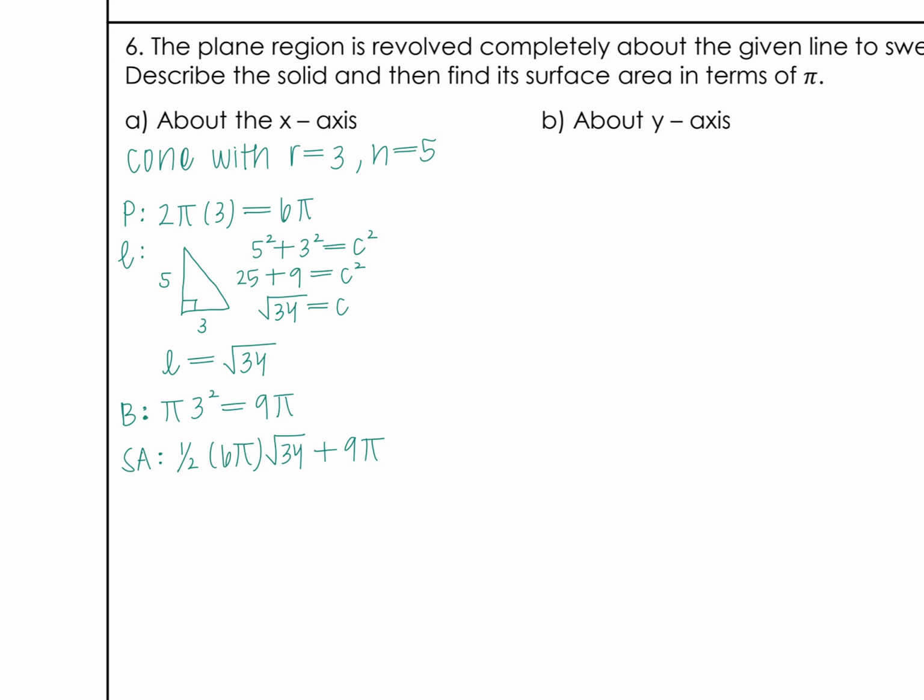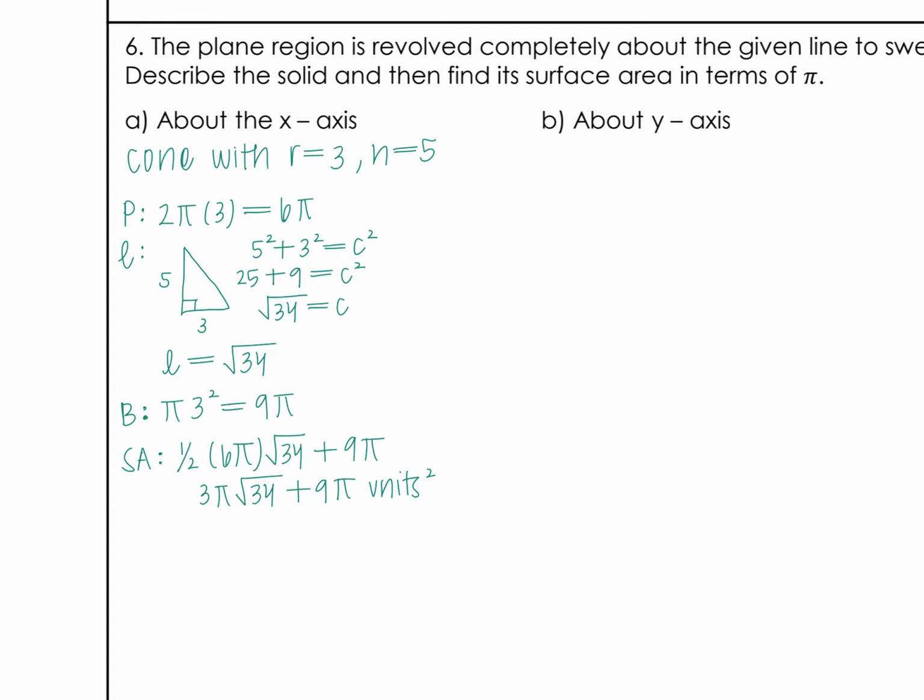So half of that 6 is going to give me 3 pi times the square root of 34 plus we'll have that 9 pi. Since I cannot combine anymore, I'm going to just write my units squared at the end.